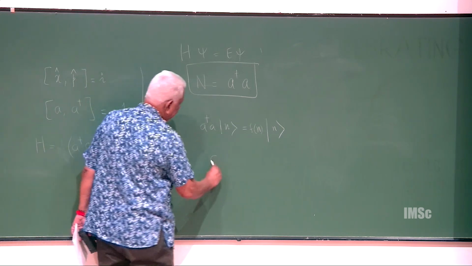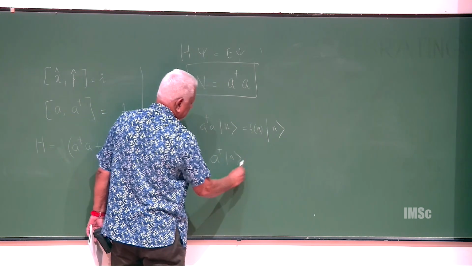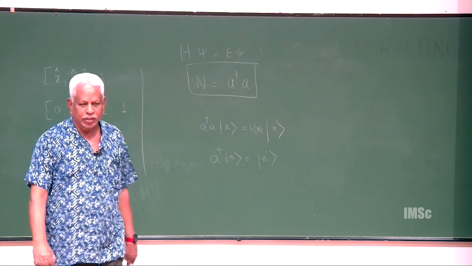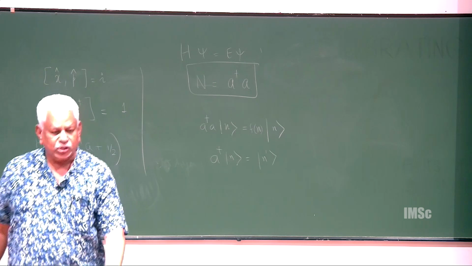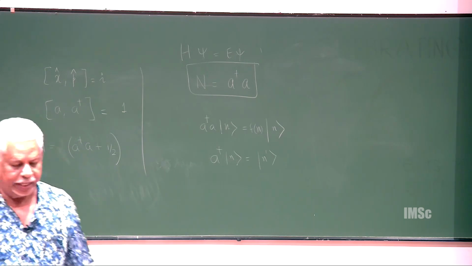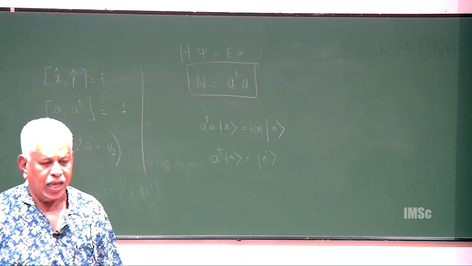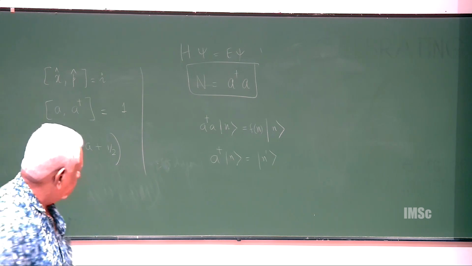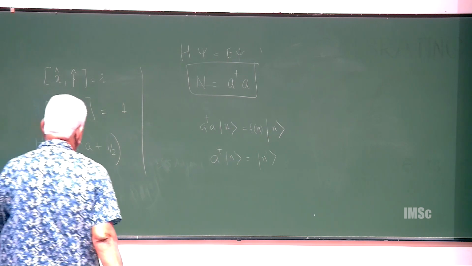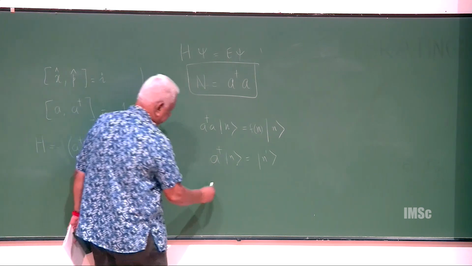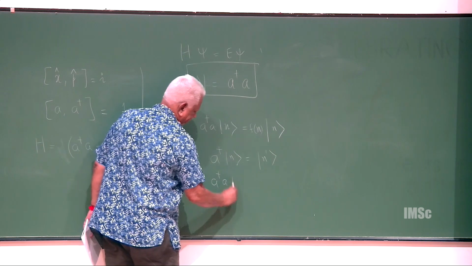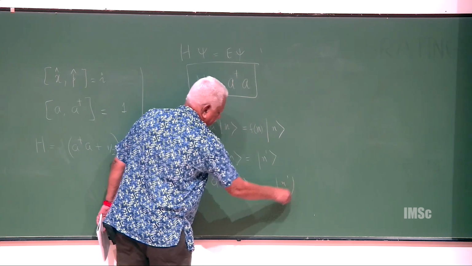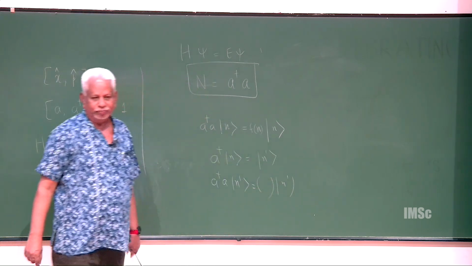Then A dagger acting on this n will give a new state n prime. A dagger is going to give you a new state. The n prime is also an eigenstate of A dagger A. The question is, what is its eigenvalue?